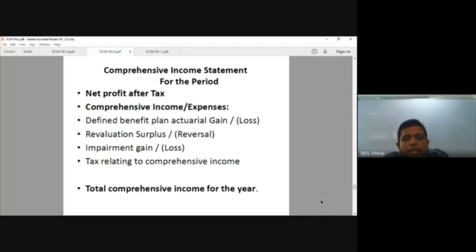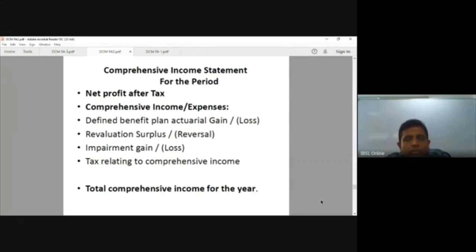This is the other comprehensive income statement. It starts with the net profit after tax and ends with total comprehensive income. Normally, this will include all the capital nature income and expenses, all the gains and losses. These are very technical terminologies.